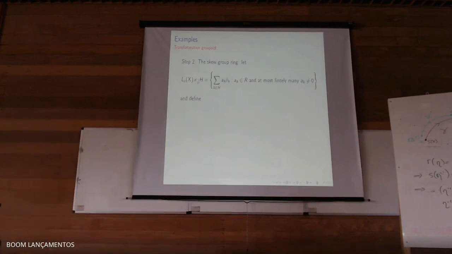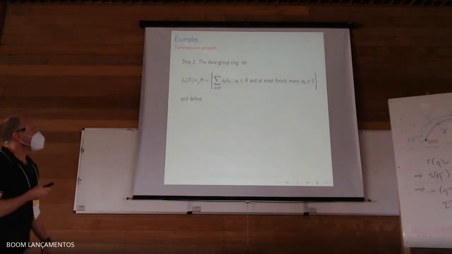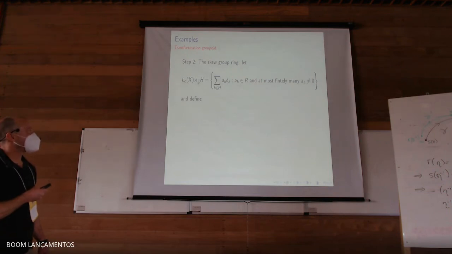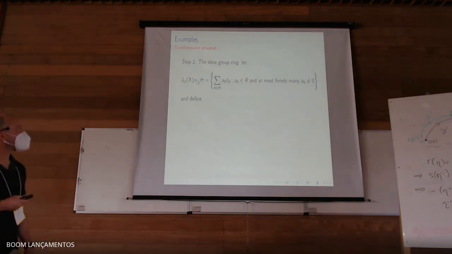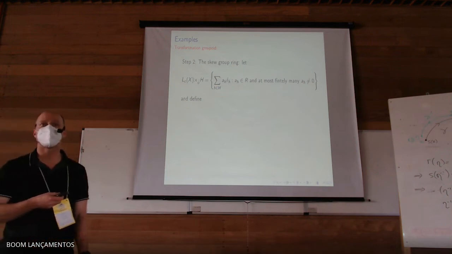The next step is to consider all formal sums of this kind. So this is the skew-group ring. It's all formal sums of this kind where AH is just some element of the ring, and delta H doesn't have a lot of meaning in itself. It's merely a placeholder.